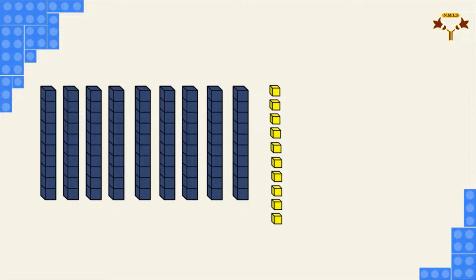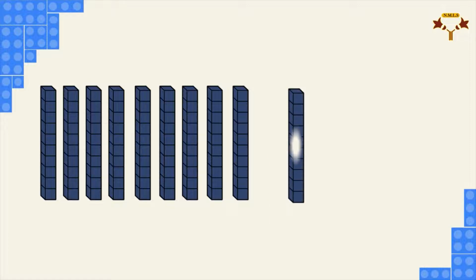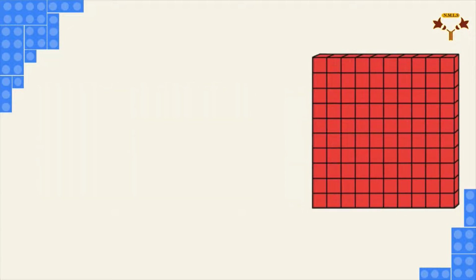And if I put another square, it will be 10 squares. As I said, 10 squares equal 1 ten. So here I have 1 rod also, so it will be 100. Excellent, yes. I can collect the 10 rods together and put them in one block.